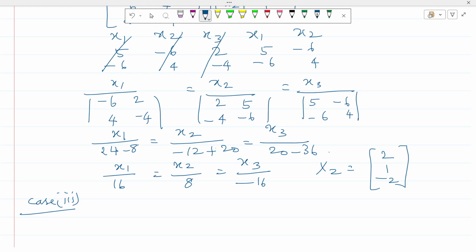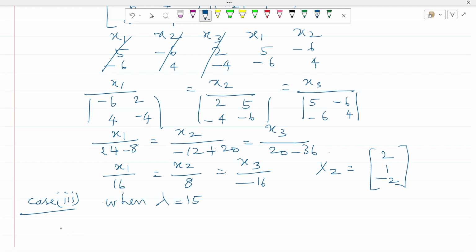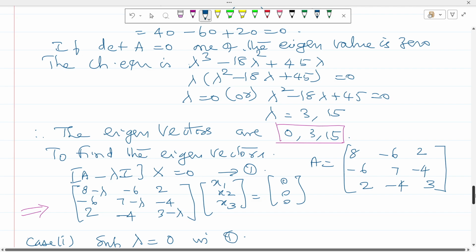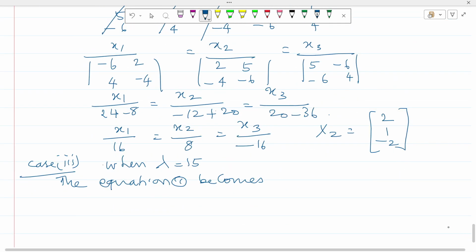Okay, when lambda equal to 15, case 3, the equation 1 becomes... so what do you get in the first row? First row is 8 minus 15, 7, minus 6, 2.